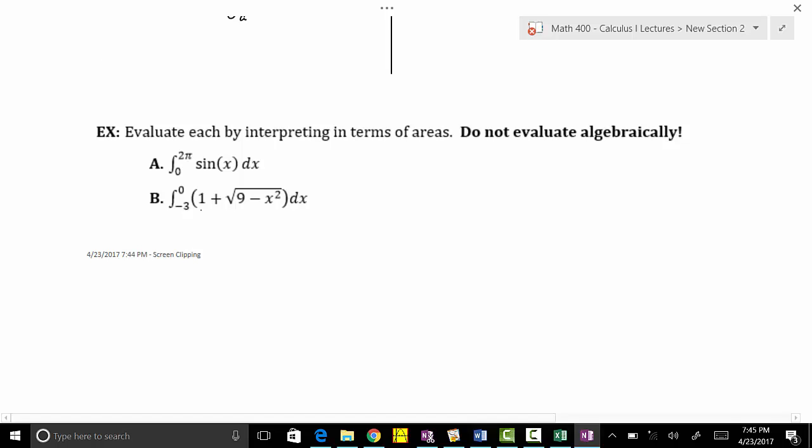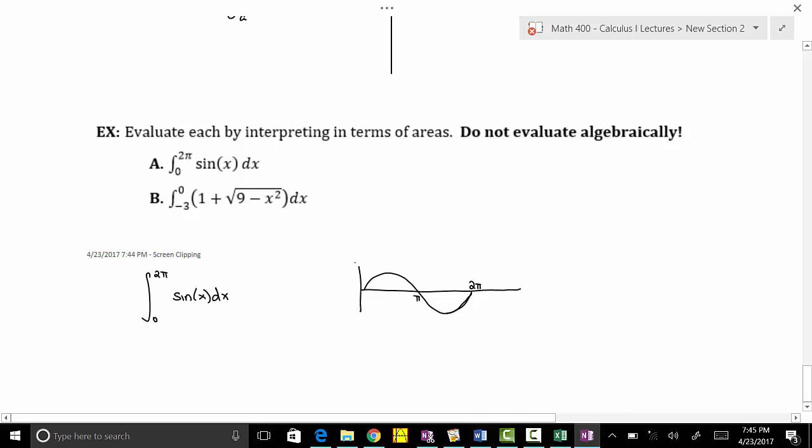So let's take a look at the integral from 0 to 2 pi of sine of x dx. Now remember, that's the area underneath the curve sine of x from 0 to 2 pi. I don't need to do anything fancy here. I'm just going to quickly sketch the sine curve from 0 to 2 pi, so you'll have to forgive any bad curve sketching.